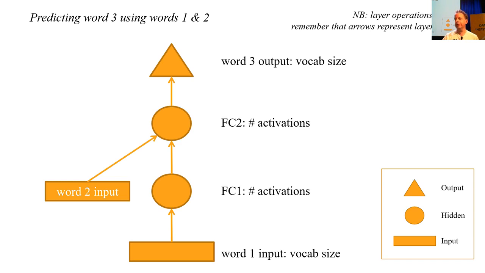So let's now imagine that we wanted to get a big document, split it into sets of 3 words at a time, and grab each set of 3 words and then try to predict the third word using the first 2 words. So if we had the data set in place, we could grab word 1 as an input, chuck it through an embedding, create some activations, pass that through a matrix product and nonlinearity, grab the second word, put it through an embedding, and then we could either add those 2 things together or concatenate them.